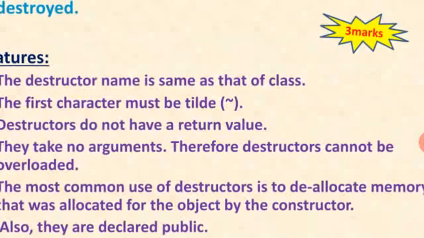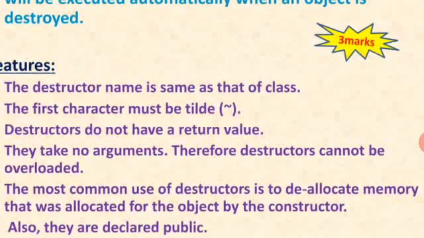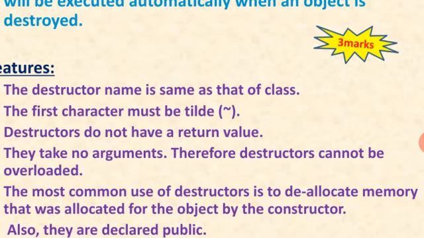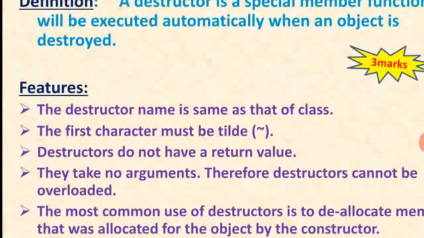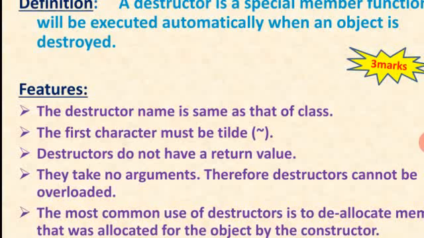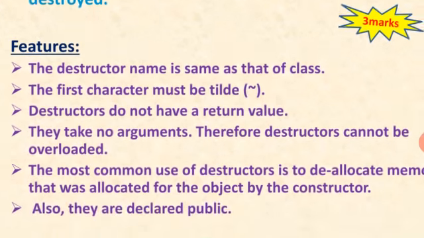You can see it here: the destructor begins with the tilde character. They do not have any return value. They take no arguments, therefore they cannot be overloaded. It doesn't have any parameters or variables, hence it cannot be overloaded.